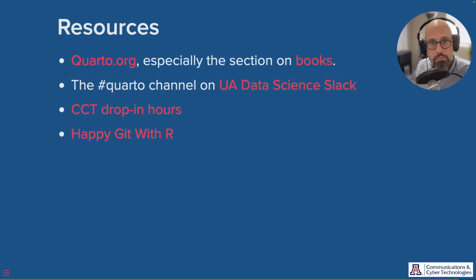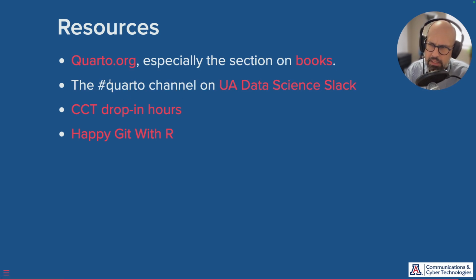If you want to learn more about Quarto, quarto.org is a great place to go. There's a great getting started with Quarto tutorial. There's also a section specifically about Quarto books, which is what our handbook is made with. If you're at University of Arizona, you can join the UA Data Science Slack, where there's a link here in these slides. And there's a Quarto channel in that Slack, which is a great place to ask questions about Quarto.